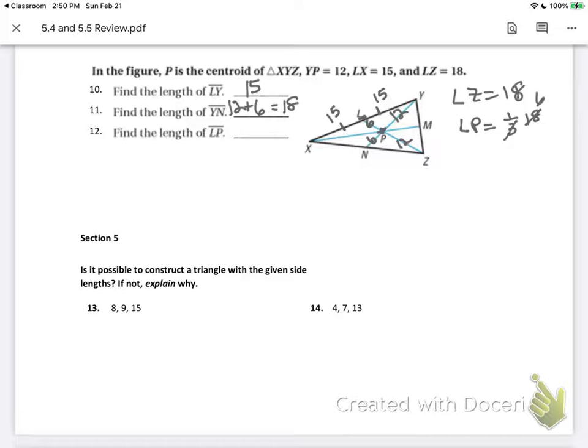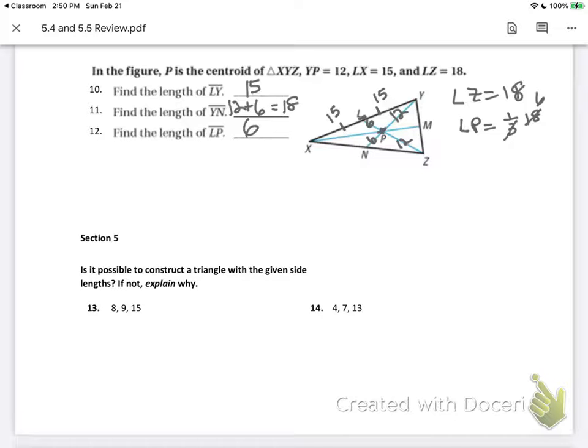Find the length of LP. So LP is the smaller of the two pieces of the median. So that smaller one was 6. So this is very similar to questions 3 through 8. So you have 2 chances to practice this.